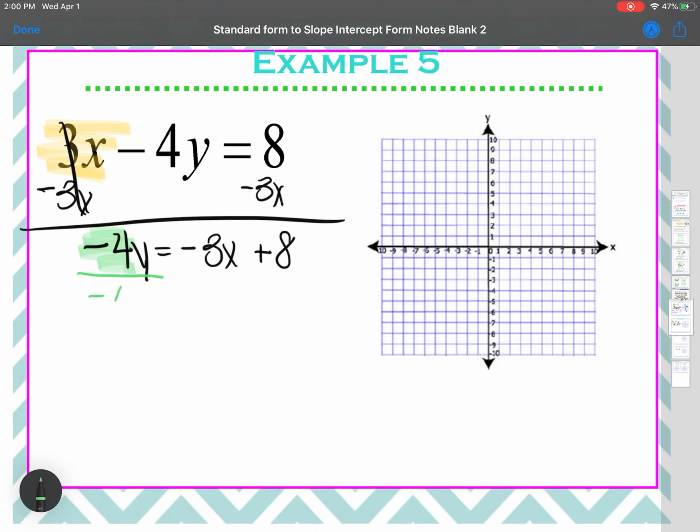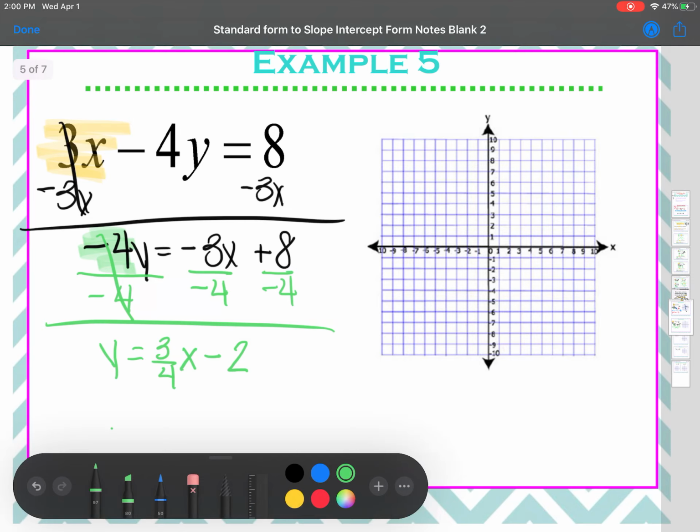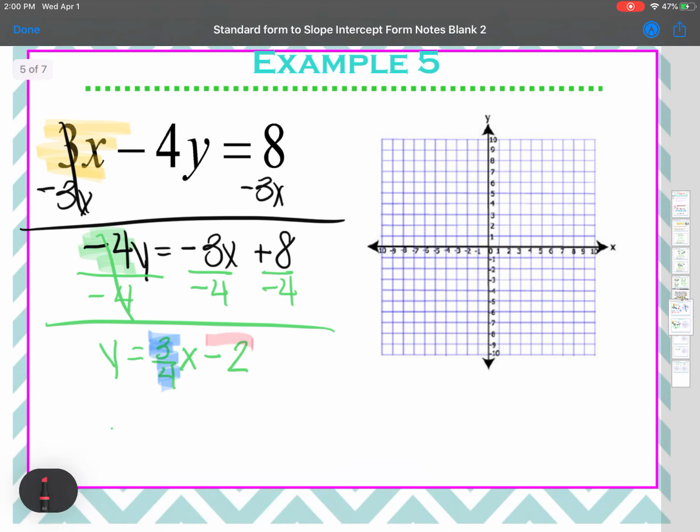Divide all three parts by negative 4. This will be y equals negative 3 divided by negative 4 is positive 3/4 x minus 8 divided by negative 4 is going to be negative 2. So this is my new equation. Now I'm going to pull out the parts I know, my m and my b.